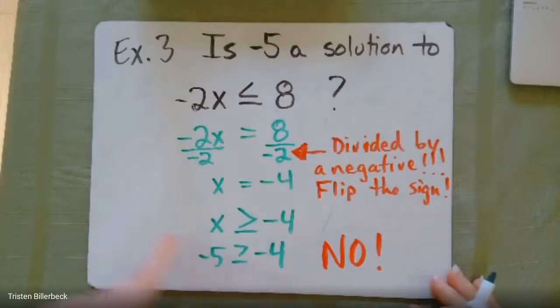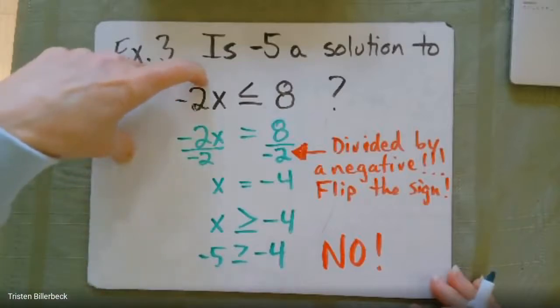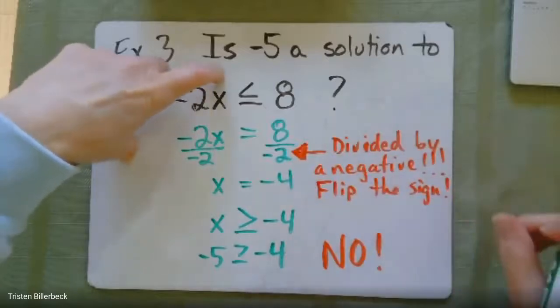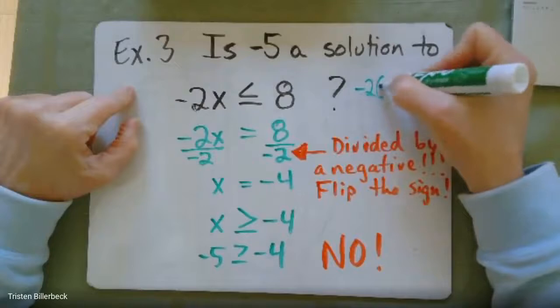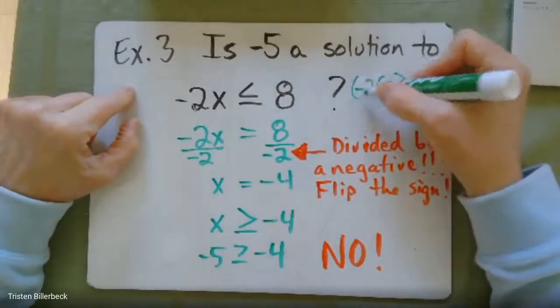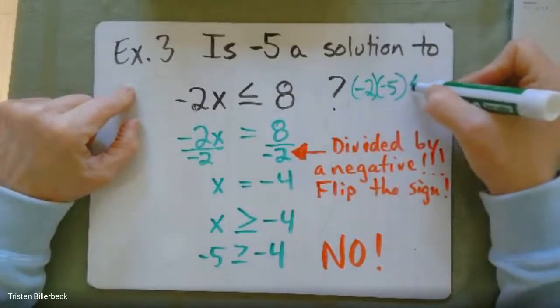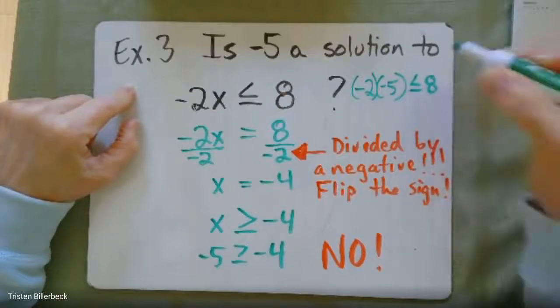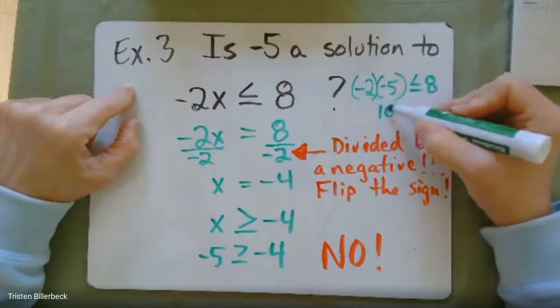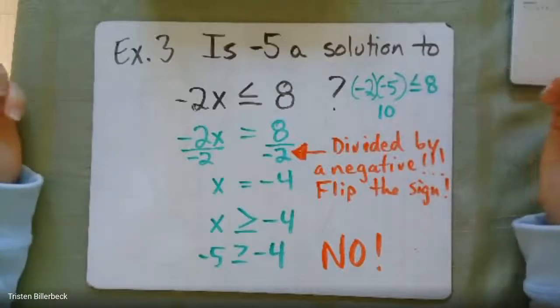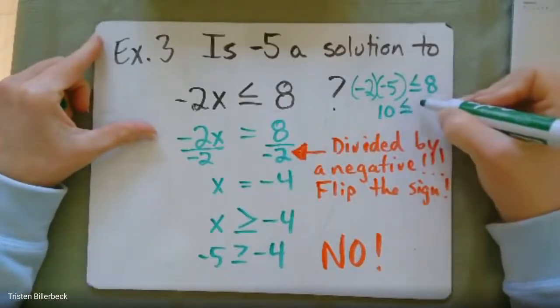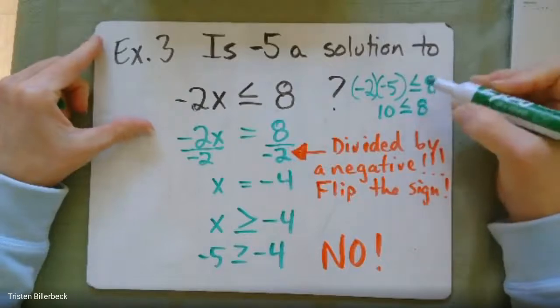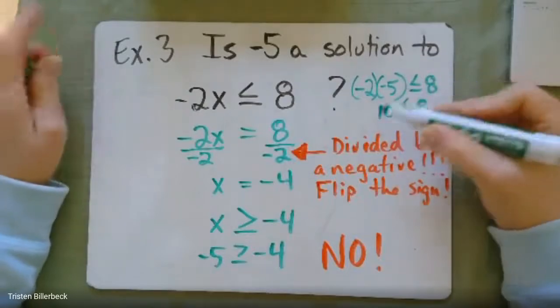But let's put the negative 5 in here and see if it's true up here. So if we put negative 2 times negative 5 in up here, and then is less than or equal to 8, that gives us positive 10, because negative times a negative is a positive, and that is less than or equal to 8. And that is not true.